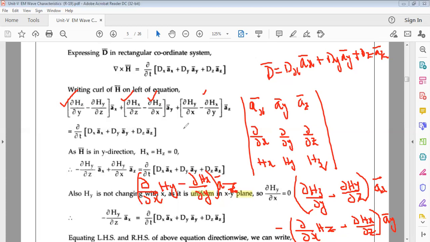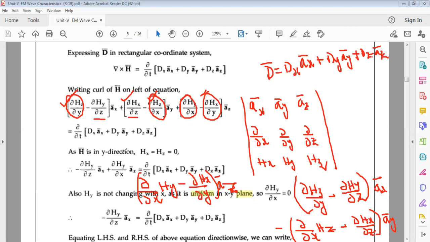What we are saying is, with respect to x and with respect to y, it is not varying. Wherever it is with respect to y, the value becomes 0, and with respect to x it is also 0. It only varies with respect to z.